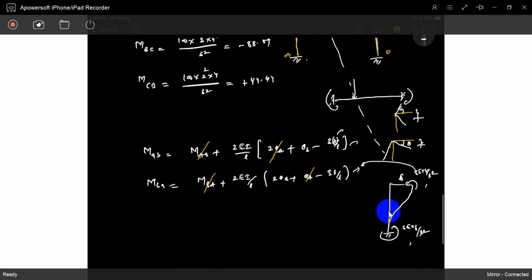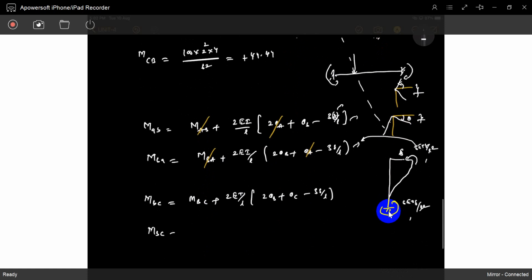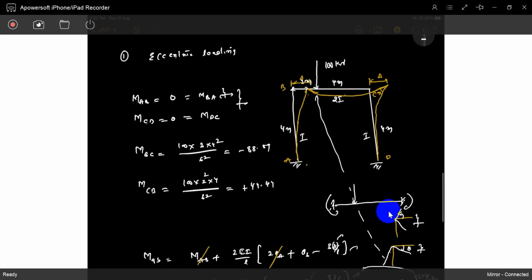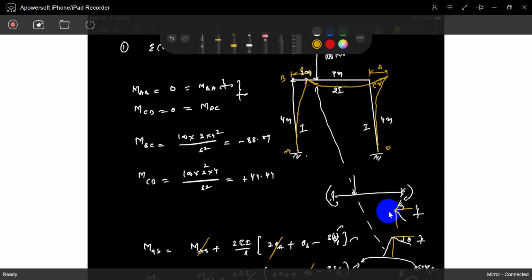So now you come to BC. MBC equals 2EI by L into 2 theta B plus theta C minus 3 delta by L, MCB equals 2EI by L into 2 theta C plus theta B minus 3 delta by L. Once again observe it.